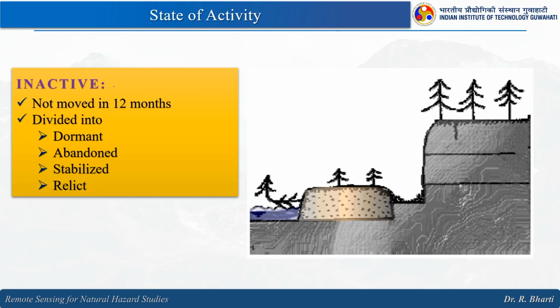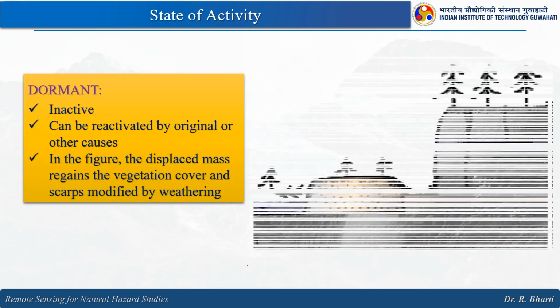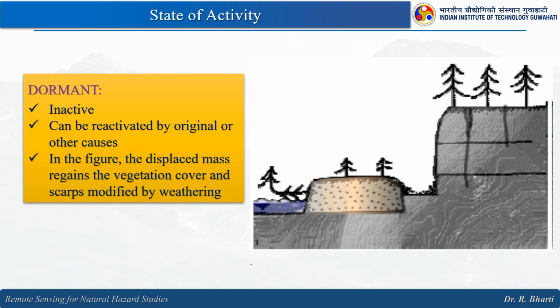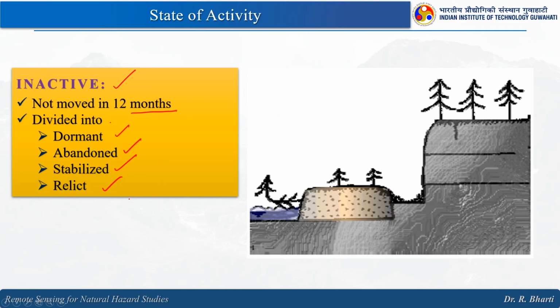Then inactive, not moved in 12 months, is divided into dormant, abandoned, stabilized, and relict. When we say it is inactive, it can be classified into all these 4 categories.